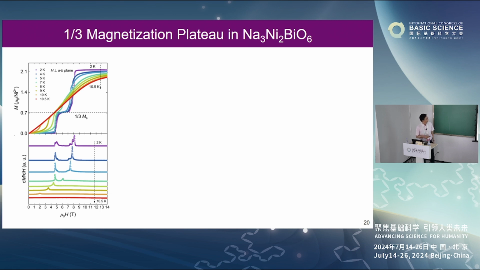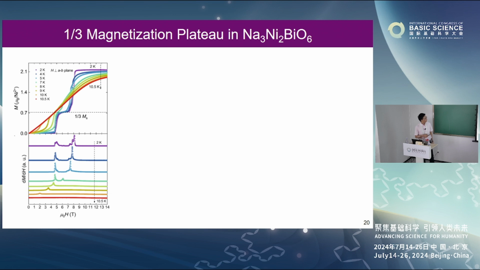And then the most important step we observe is this one. So this step corresponds to 0.7 μB. So 0.7 divided by 2.1 is exactly 1/3.